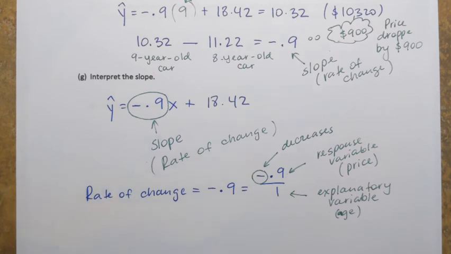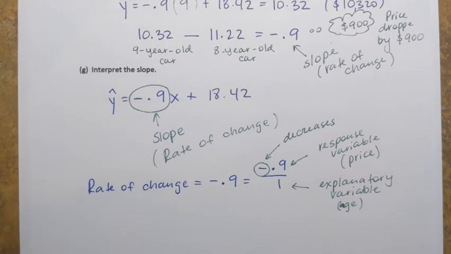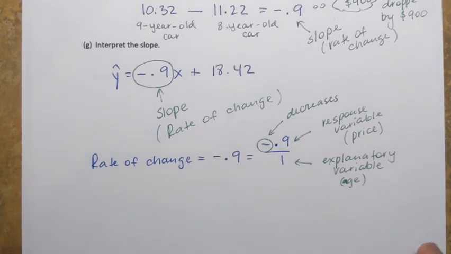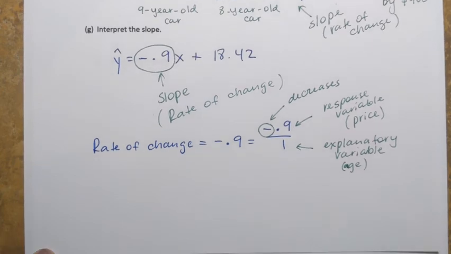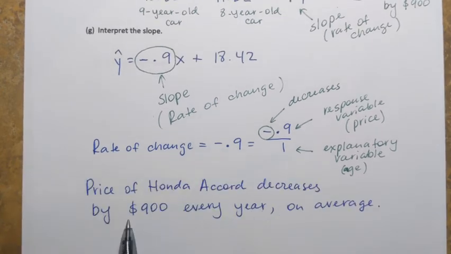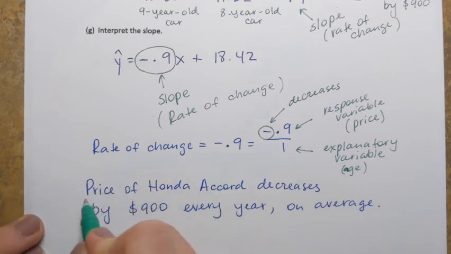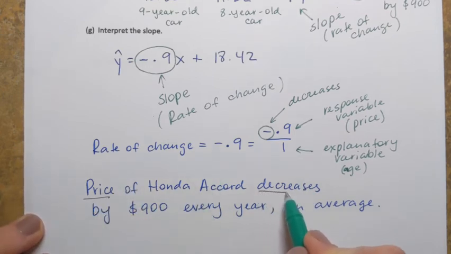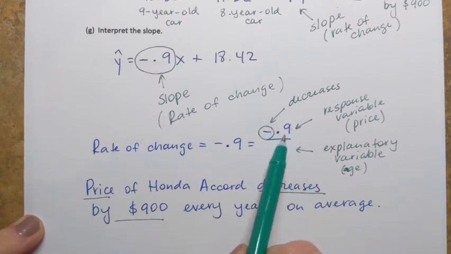So you have to mention both variables in this interpretation, and at the end, we're going to say on average, because that's the average. Of course, it can be more or less, but on average, that's the rate at which the price of Honda Accord will decrease every year. I'm going to write this all down. Okay, so the price of Honda Accord decreases by $900 every year on average. The key parts of this interpretation should be first mentioning the response variable, then saying whether it decreases or increases by what amount, and that's going to be your numerator.